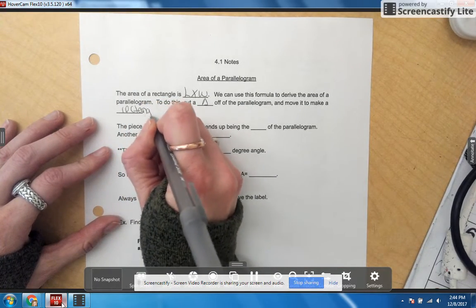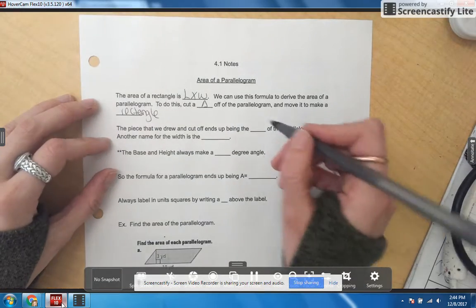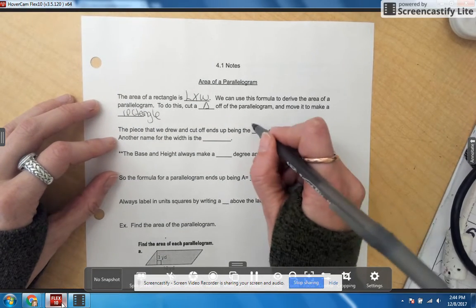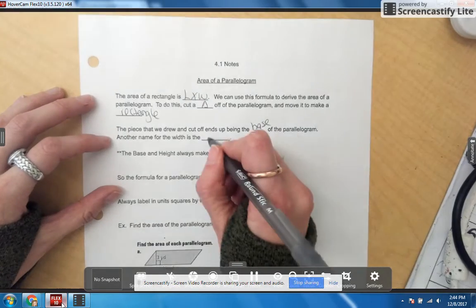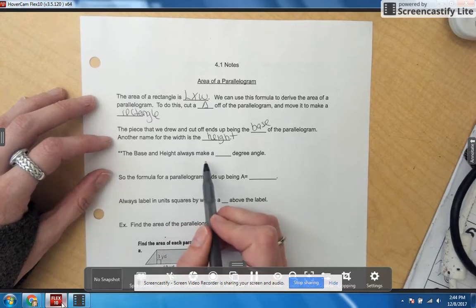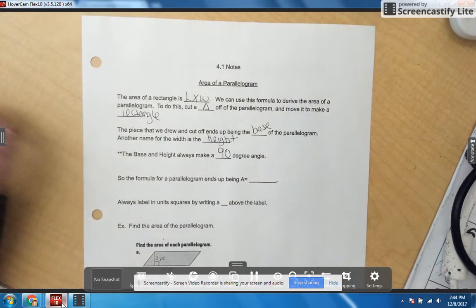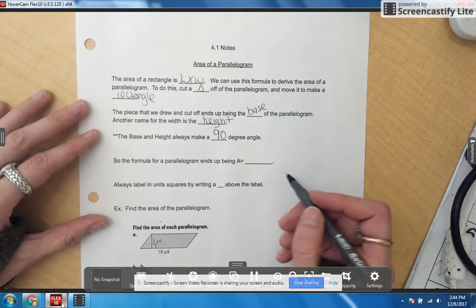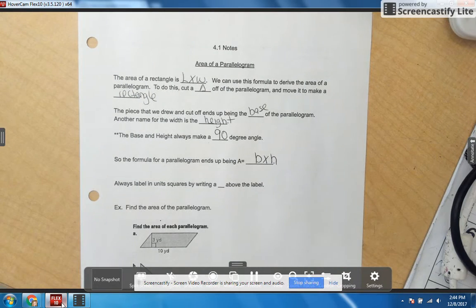The piece that we drew and cut off ends up being the base of the parallelogram. Another name for the width is the height. Okay? The base and the height always make what type of angle? We just said that, a 90-degree angle. So the formula for a parallelogram ends up being base times height. And again, those two measurements always have to make a 90-degree angle.